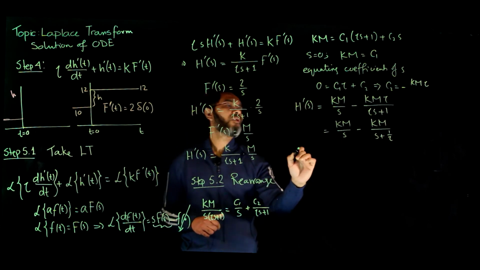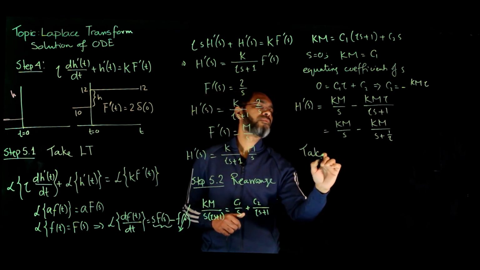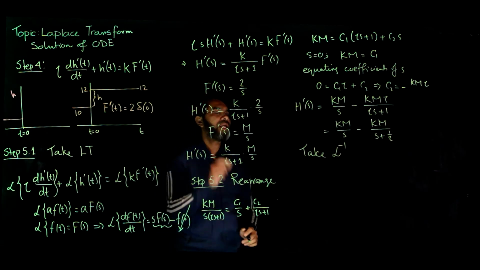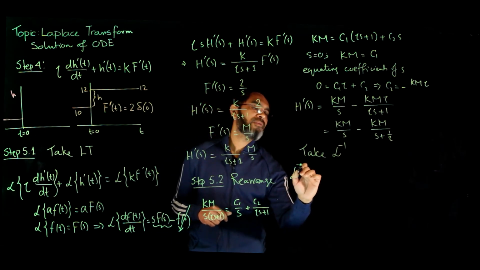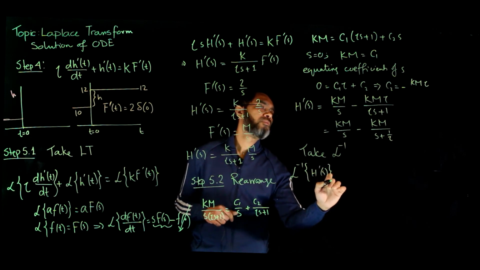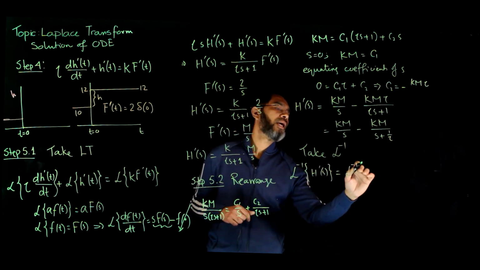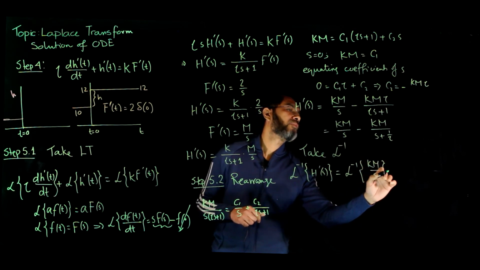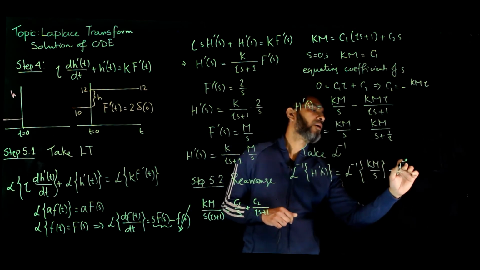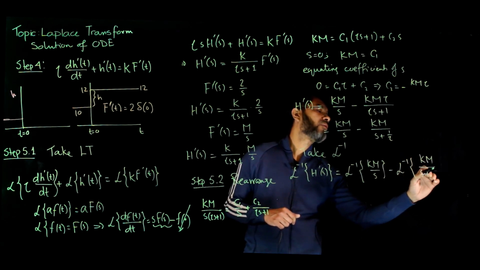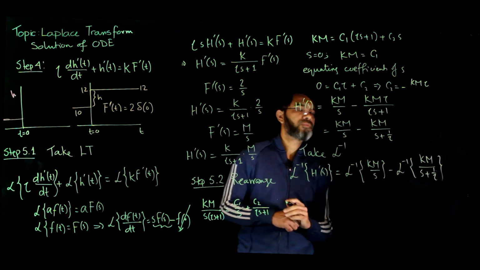Now take the Laplace inverse. The Laplace inverse of H'(s) will be the Laplace inverse of km over s minus the Laplace inverse of km over (s plus 1 over tau).